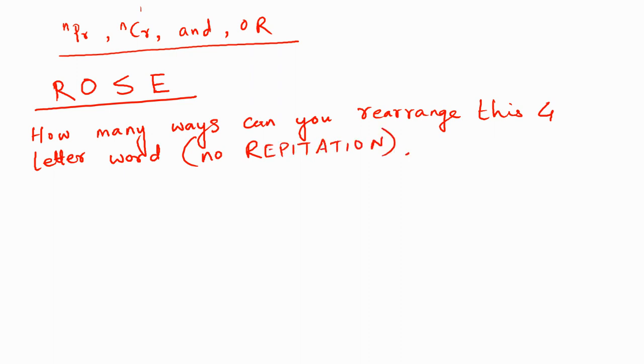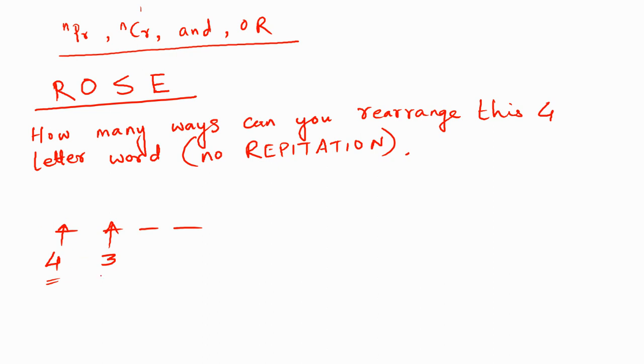There is a reason why I'm discussing this problem. So let's say there are four spots. How many ways can you rearrange this four letter word? The first spot can be filled in four ways, right? There are four letters. The second spot can be filled in three ways, because one letter is consumed by the first spot.